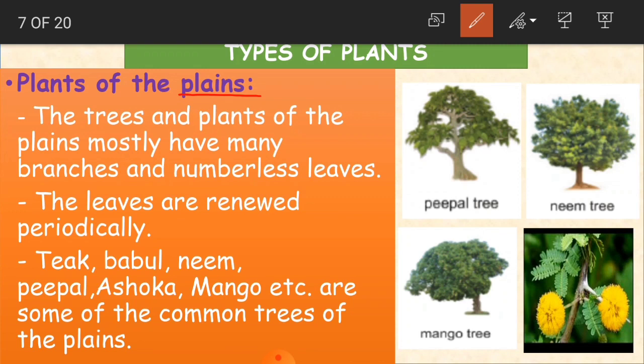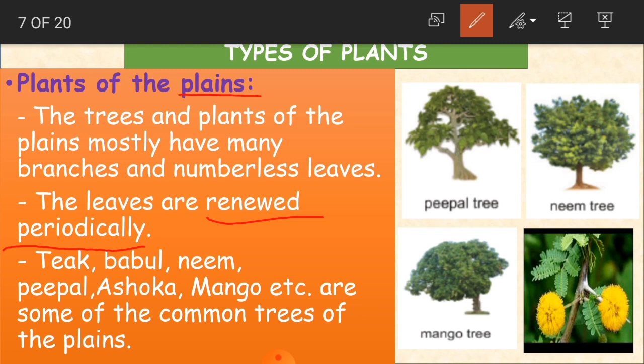And the leaves are renewed periodically. What do you mean by renewed? In the sense that they are going to take birth again. They are growing again and again. Periodically means, children, like we have our periods in school, first period, second period, third period, one after the other, 6 or 7 periods in a day.